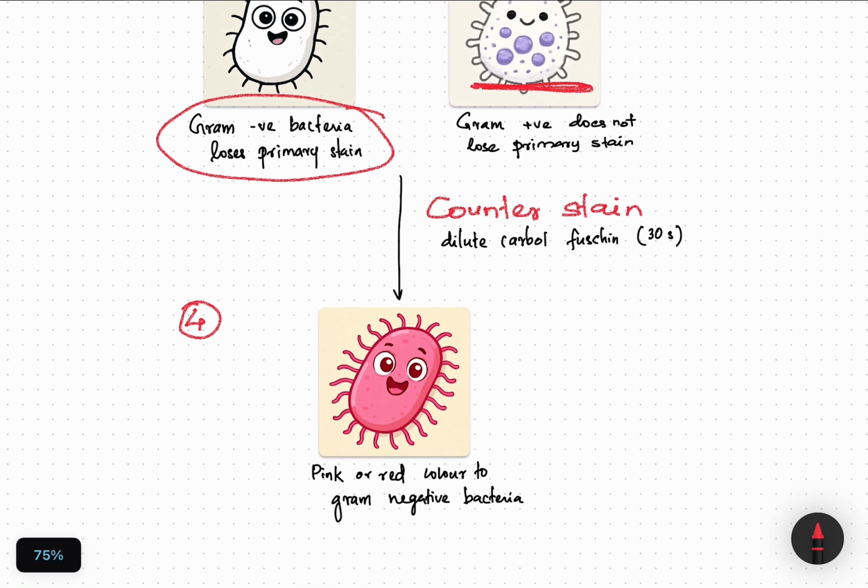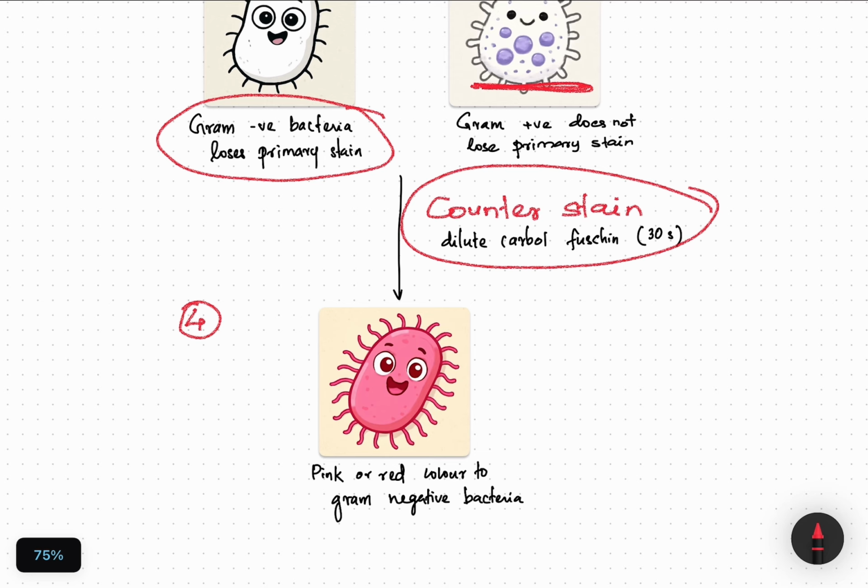Now after that, you're going to use the counter stain. You're going to give another stain, okay, counter stain. What you have to remember here is that one group of bacteria lost the color, and one is already having a color with them. The group which is already having color is not needing any more color, right? So who will take up the color?